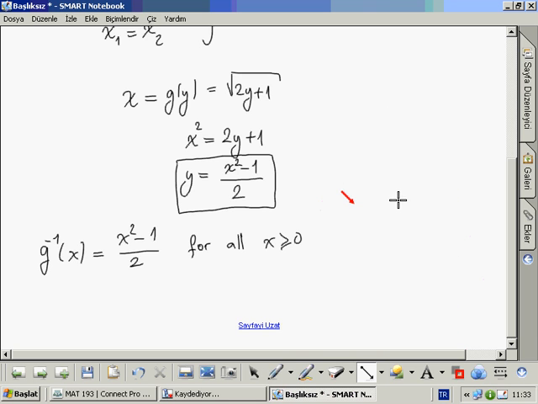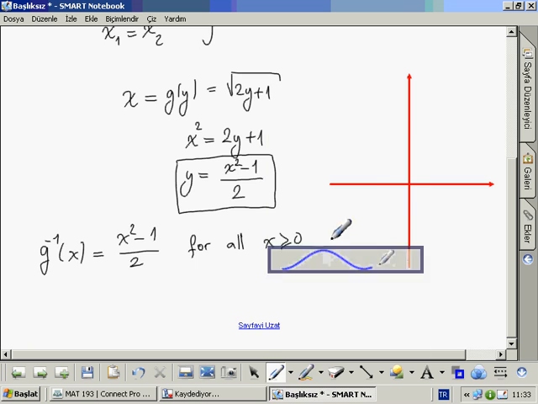When you sketch the g of x function, it will be like that.